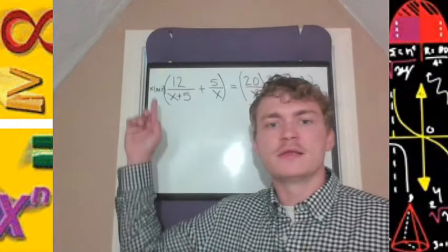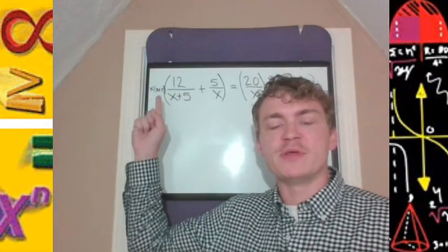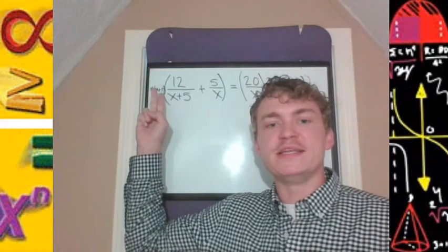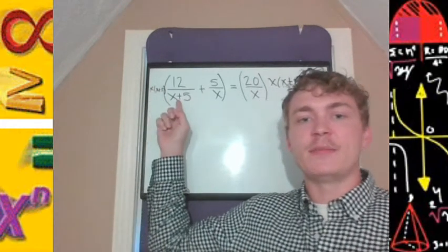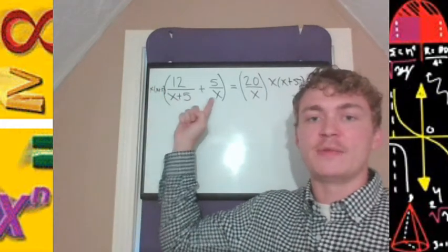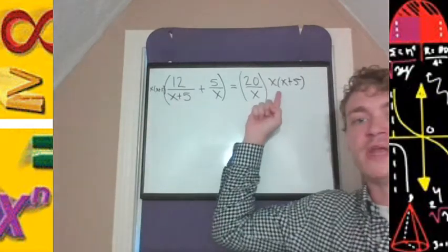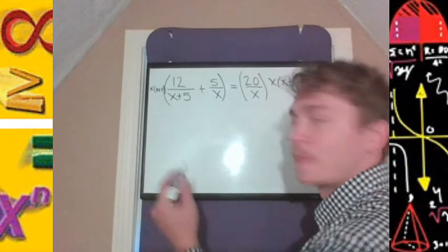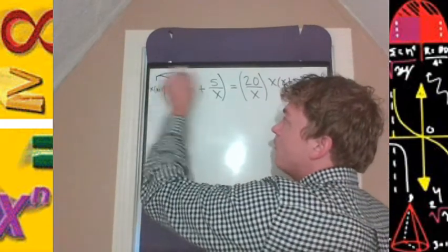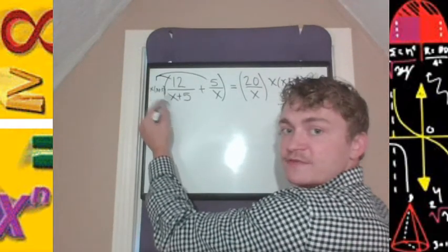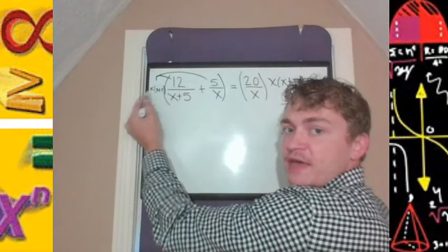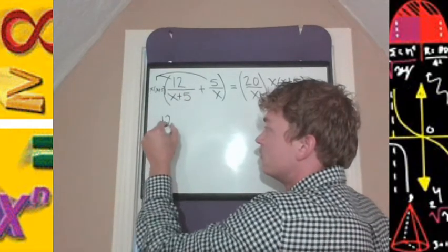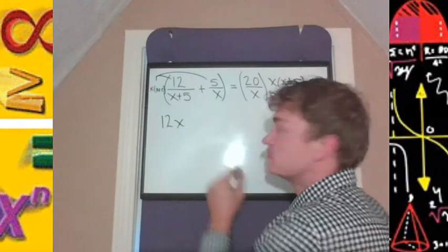Why is this the case? LCD of x multiply x plus 5, well, this LCD here is going to eliminate this denominator of x plus 5. It's going to eliminate this denominator of x, and it's going to eliminate this denominator of x. Thus, the LCD. Distributing on the left-hand side, the x plus 5's cancel, leaving you with the product of x and 12, which we write as 12x.